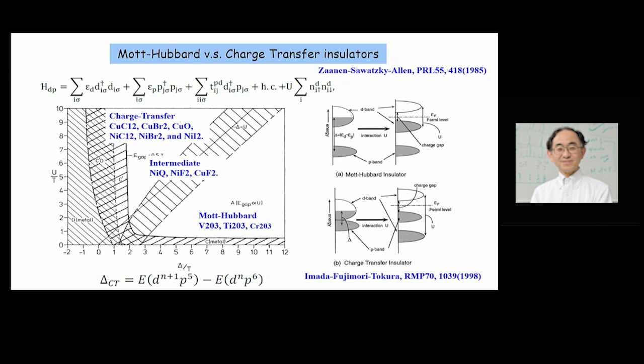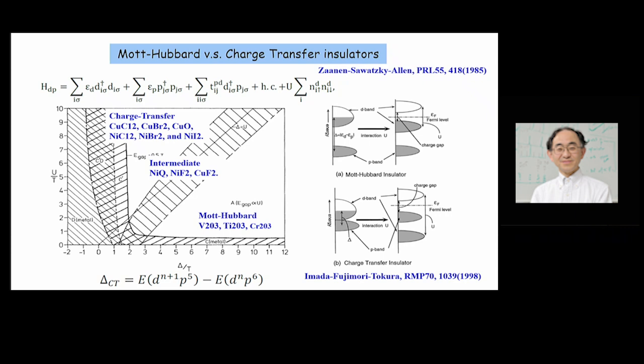This kind of Mott insulator corresponds to this regime. Once your U is big enough and your charge transfer energy is smaller, then you have this electronic configuration, and the listed materials show this behavior, which we call a charge transfer insulator. And we have a crossover between the two cases.